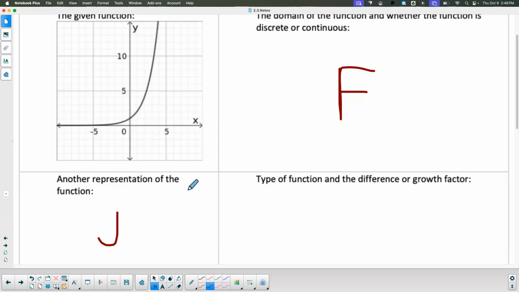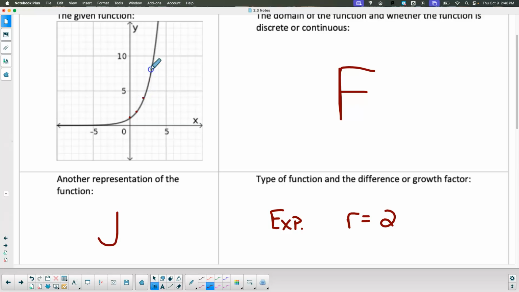But I do know that the function is exponential, and I do know that the R value is probably in the neighborhood of 2. Because it goes from 1 to 2. So it's multiplying by 2. And then it goes to 4.